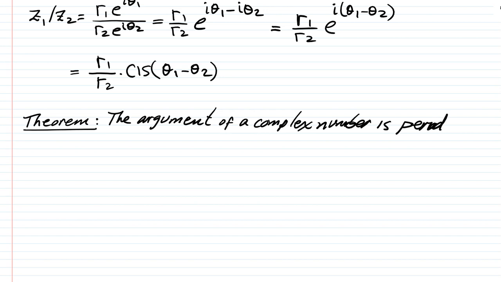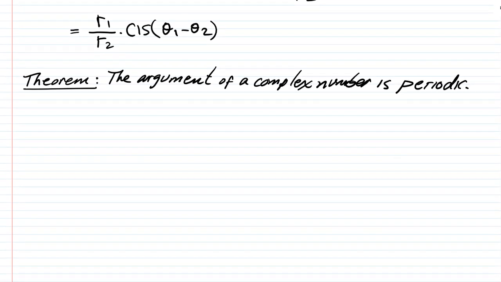Now, what do we mean by this? The argument of a complex number, that's in r times e to the i theta. Remember, that's the complex number z. Okay, what is the argument? The argument is theta.